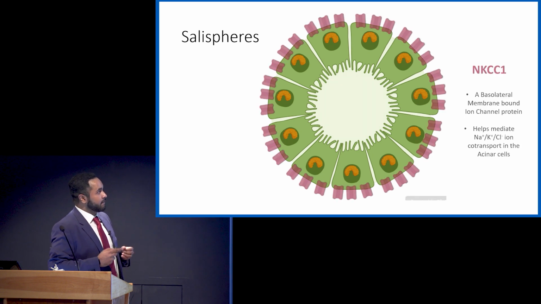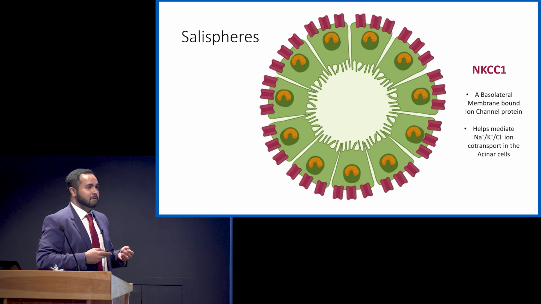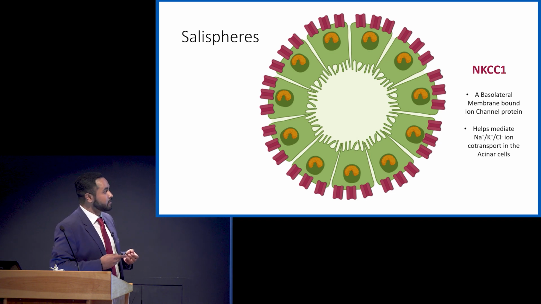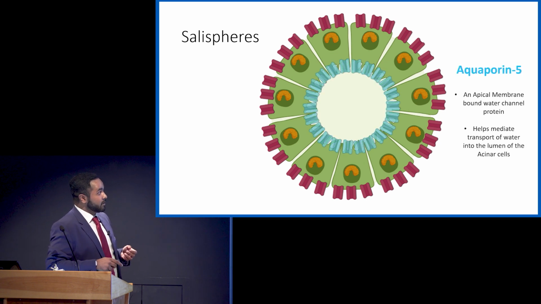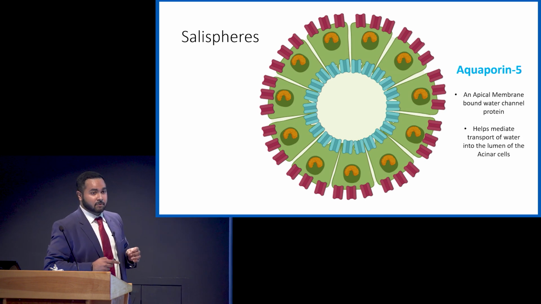It should also have NKCC1, a basolateral ion channel protein located on the outer membrane, which mediates the co-transport of sodium, potassium, and chloride ions. It should also have aquaporin 5 on the apical membrane, which is the inner membrane. Aquaporin 5 helps mediate the transport of water, and saliva is 99% water. So having these molecules on the internal membrane is key to its function.